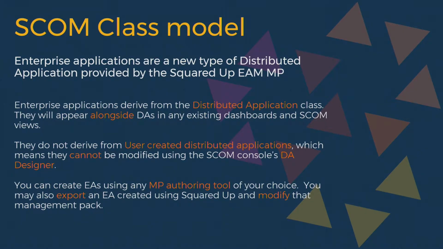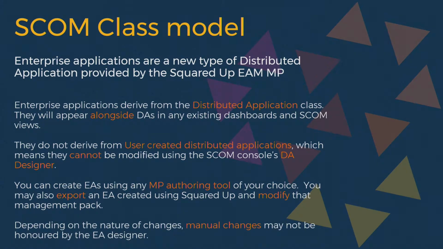Now, obviously, if the changes you make are just simple tweaks, like you can't find an object in the search inside Vader, so you manually add it in, that kind of thing, that's fine. Those will be honored by the EA designer and work okay. The dashboards will work fine. If you do something advanced, like dynamic population for one of the groups, the dashboards may work, but the EA designer might not honor it if you try to edit there.